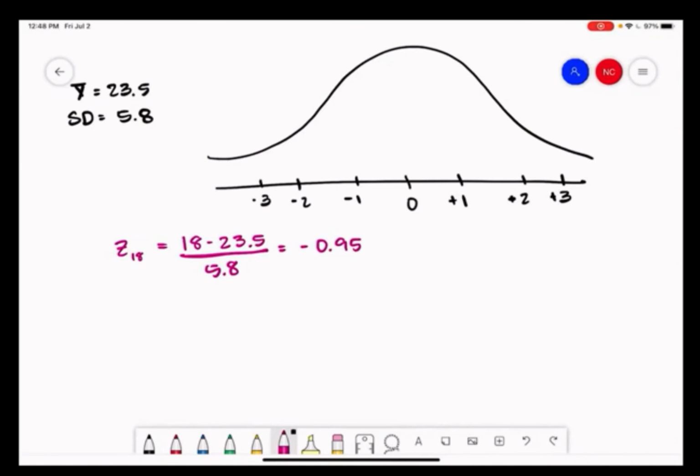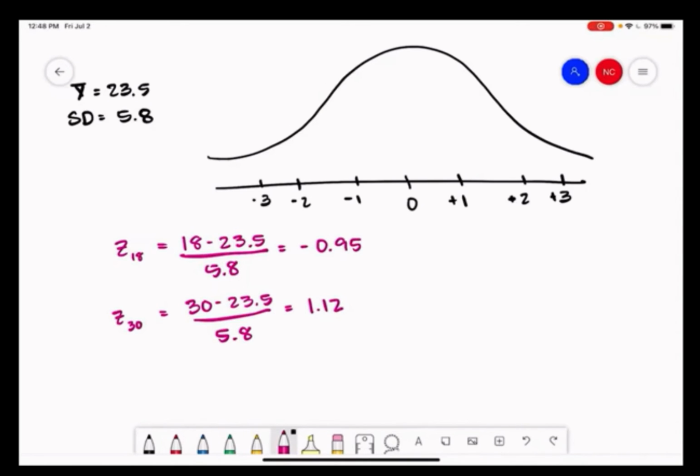And then our z-score for the data point of 30, same formula, right? And we should get a positive z-score of 1.12.